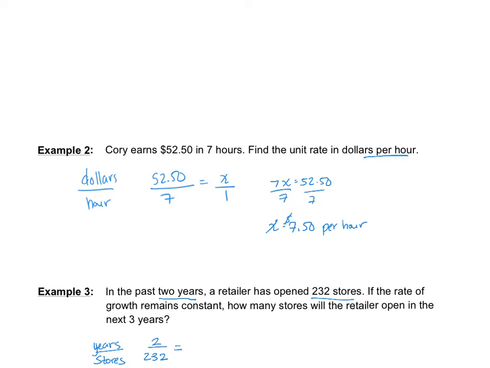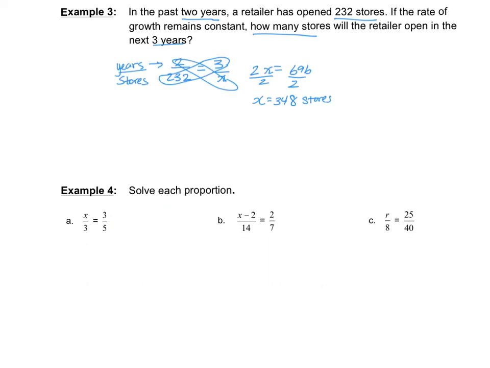Then it says how many stores, so that's going to be x for stores, will the retailer open in the next 3 years? Well, 3 will go in the years row. So now I can cross multiply. I end up with 2x equals 696. Divide both sides by 2, and x equals 348. And it was asked how many stores, so 348 stores.